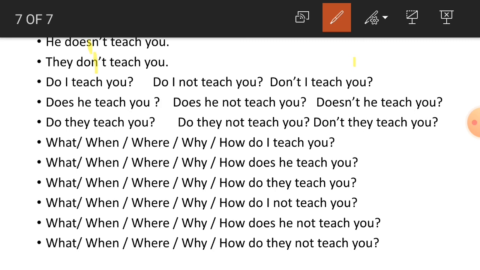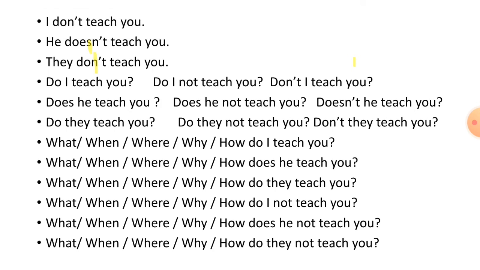Doesn't with he, and don't with I. It means, as I have told you, with first, second, and third person plural we can use do, otherwise does, and this is the combination plus not: doesn't and don't.